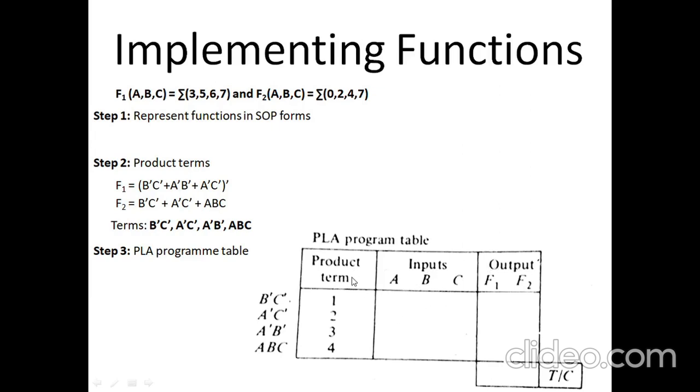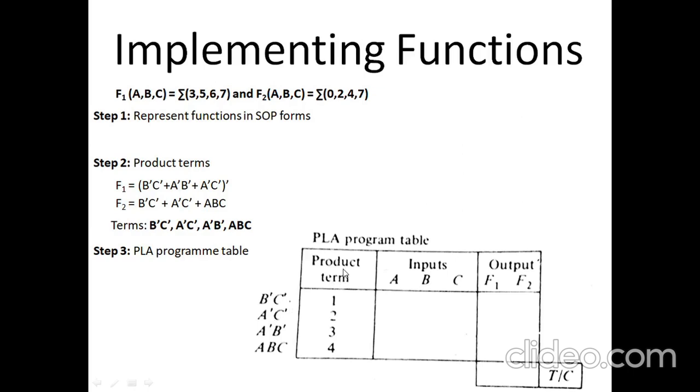In the product term column, on the left side, we just write the product terms that we have decided. These are the product terms. So we just write them: B prime C prime here, A prime C prime here, A prime B prime, and ABC.